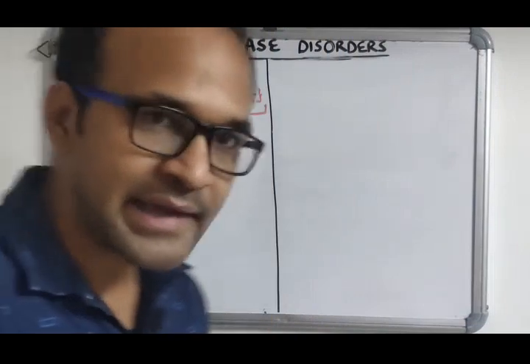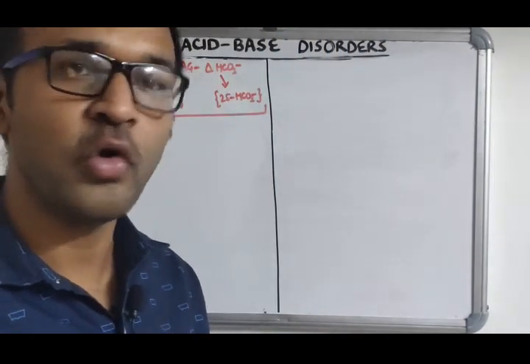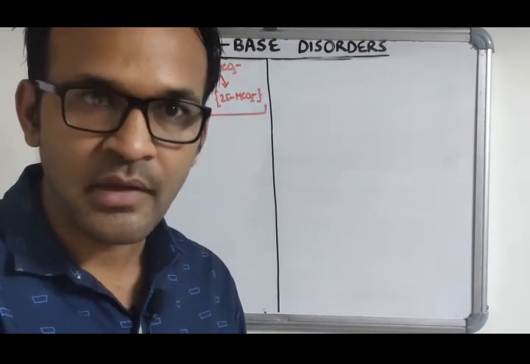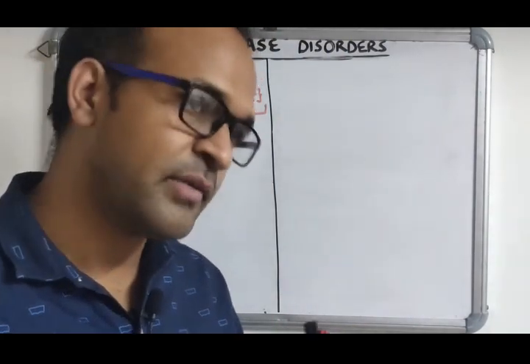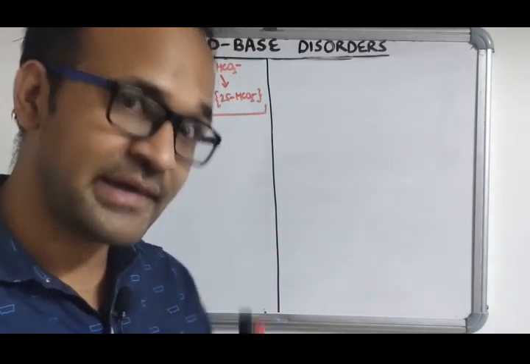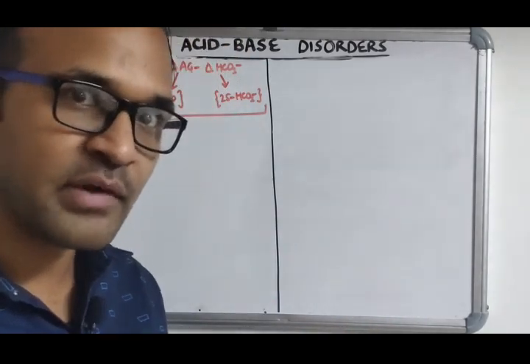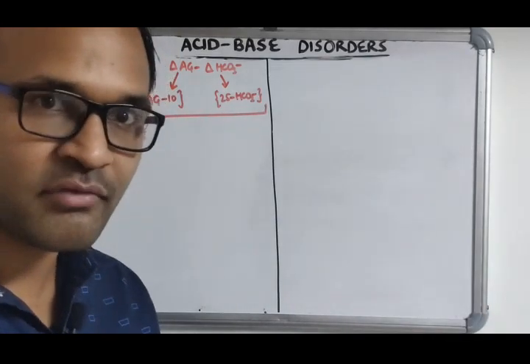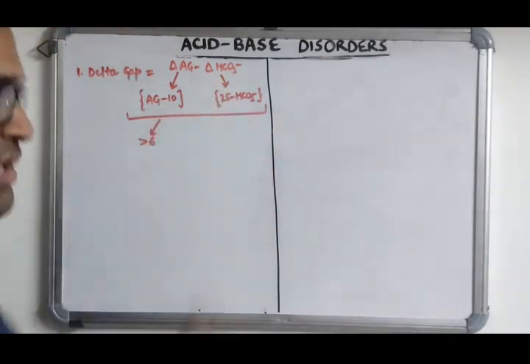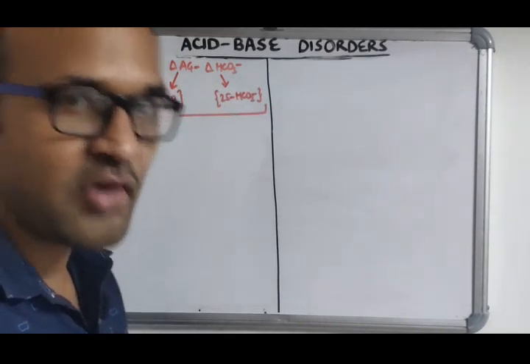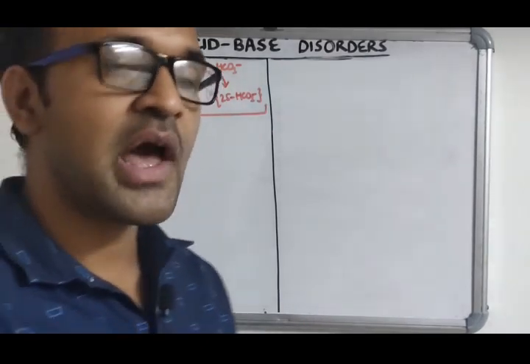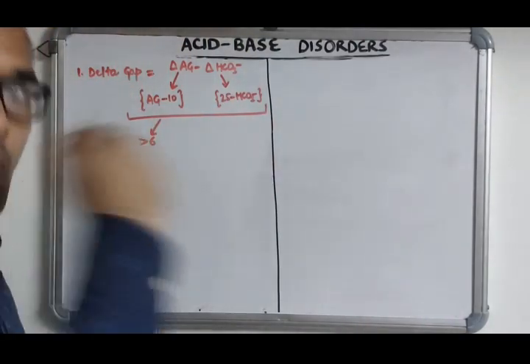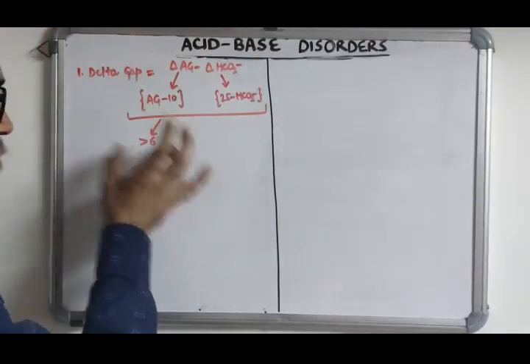Even if it falls by 10, to 20, the apparent fall is only 4, from 24 to 20, right? So if there is a pre-existing higher level of bicarbonate, the apparent fall will be less, and the anion gap rather would increase more. So this gap will become more than 6.